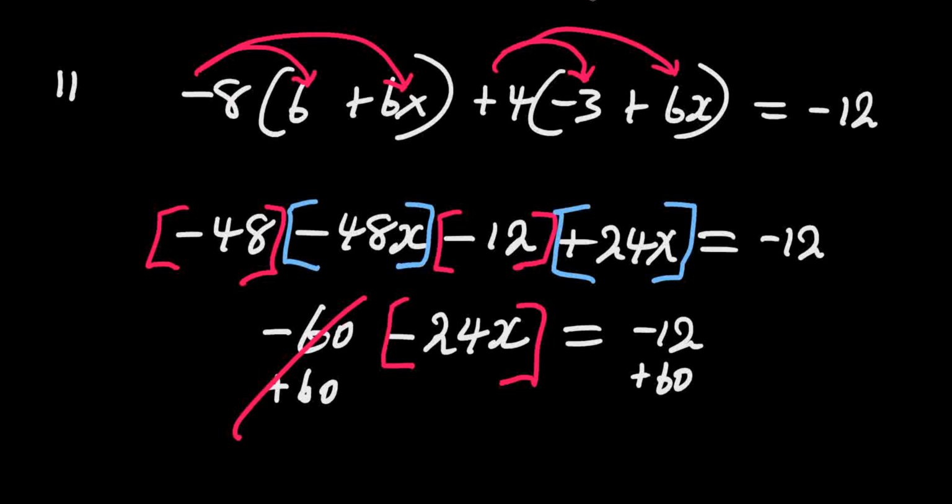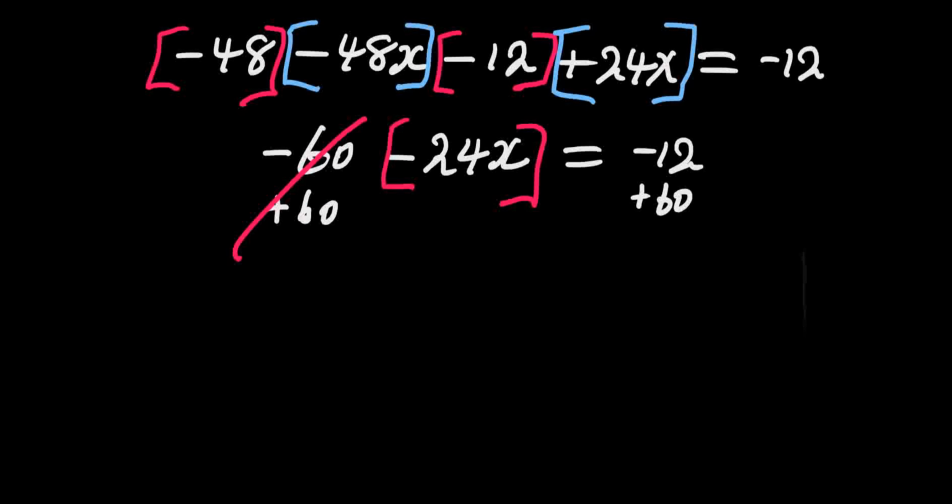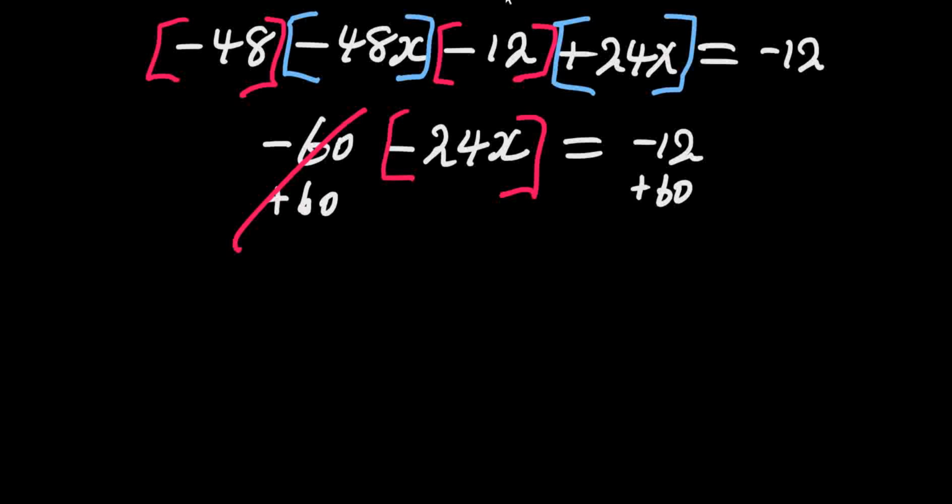So this will go out. So now we are left with negative 24x equals to negative 12 plus 60. In other words, 60 minus 12. This will give us 48.